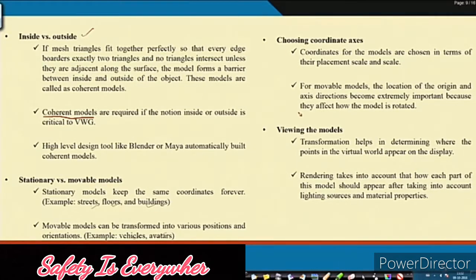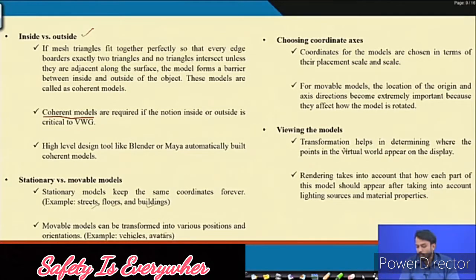For the viewing of these models, the transformation property is taken care of. The transformation property helps in determining where the points in the virtual world appear on the display. That means points inside the 3D models, how they appear on the particular display. The display methods were already taught in the previous lectures. Next phase is rendering.